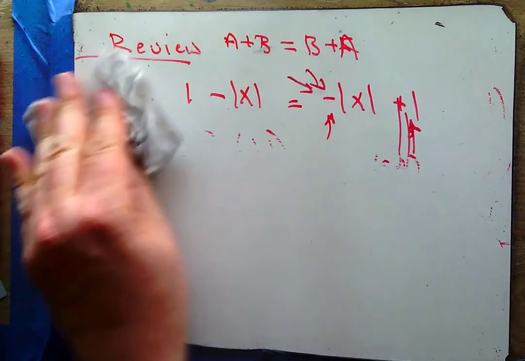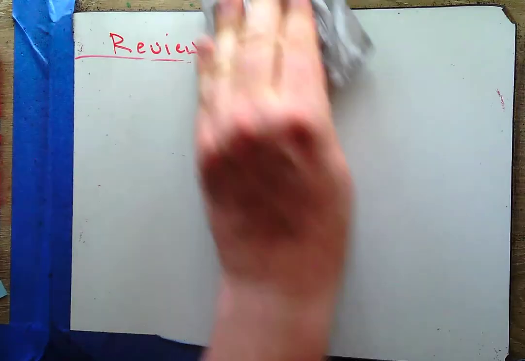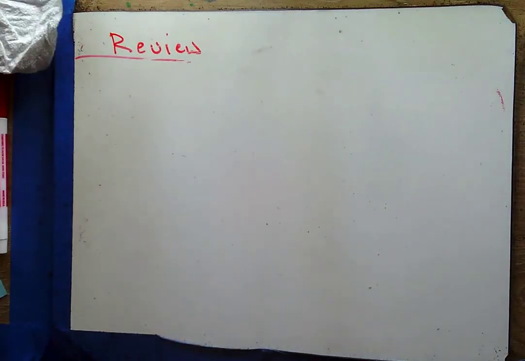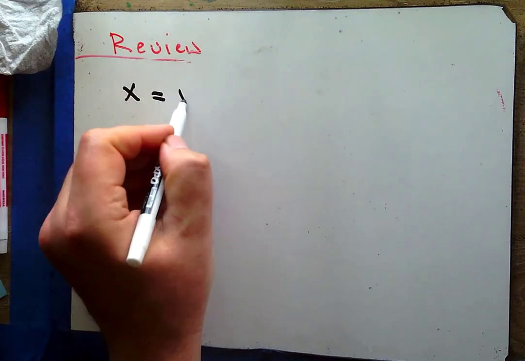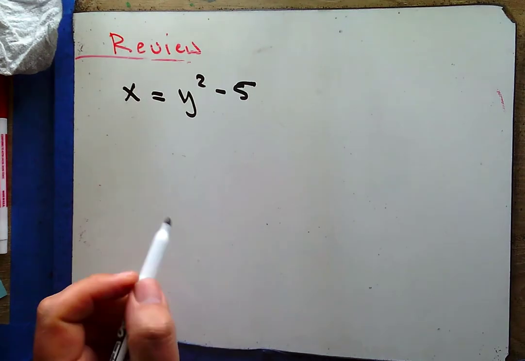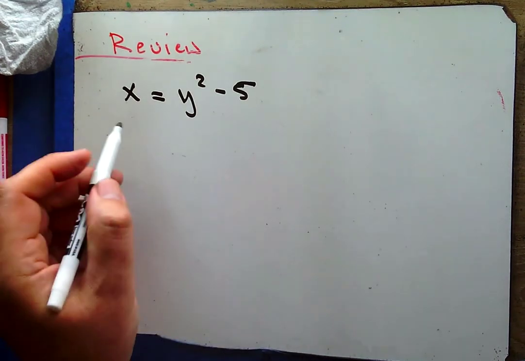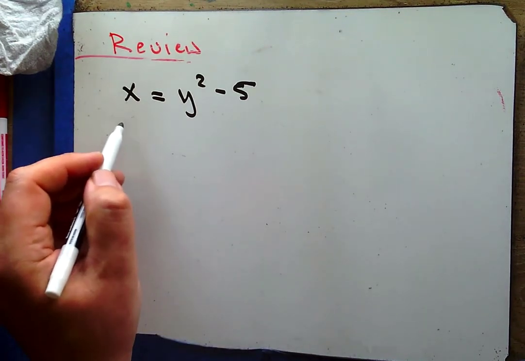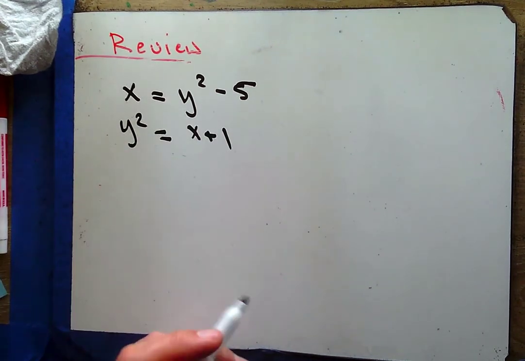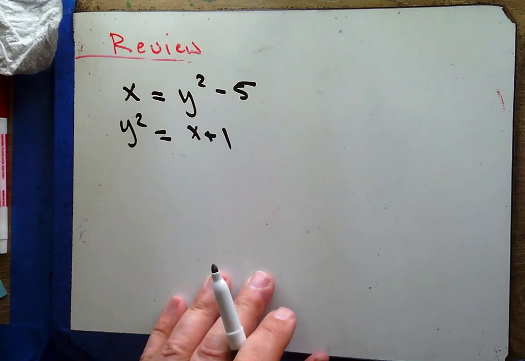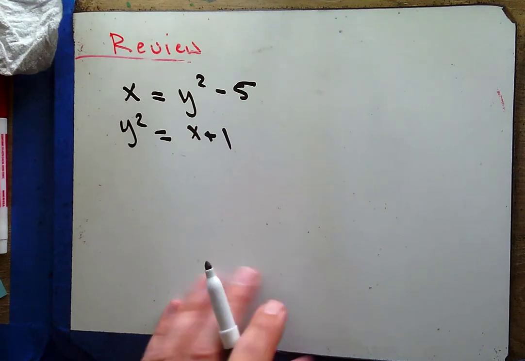Now, what if we go in a new direction? What happens if I say, hey, how do you graph this one? y squared equals x plus 1. These aren't functions.